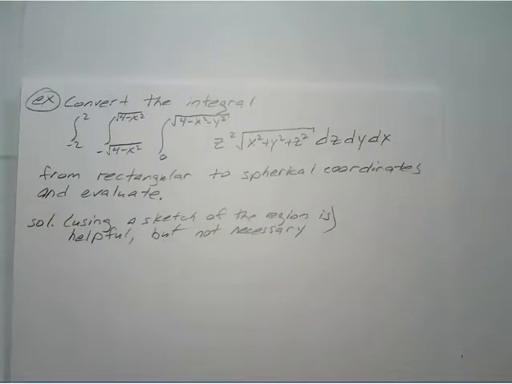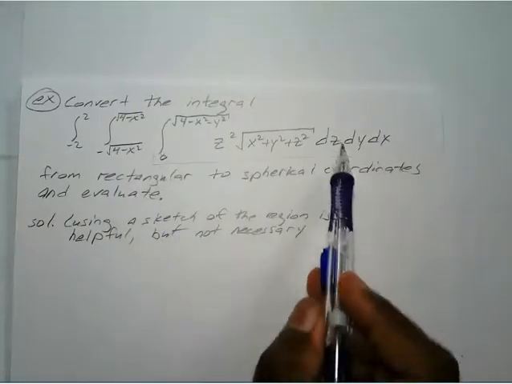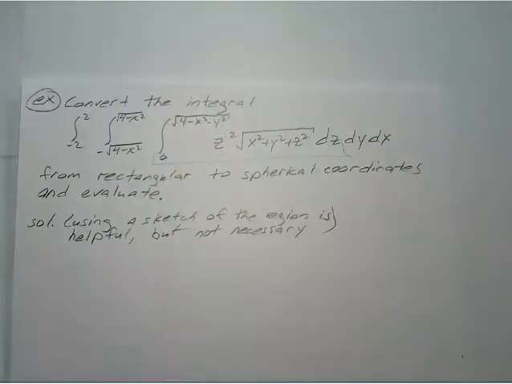All right. So first thing we're going to do is we're going to write down our boundaries. So we can see here that z is going to go from 0 to square root of 4 minus x squared minus y squared.